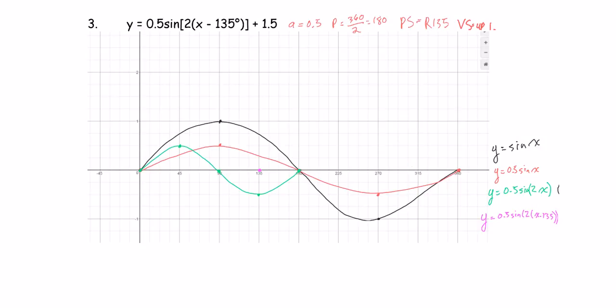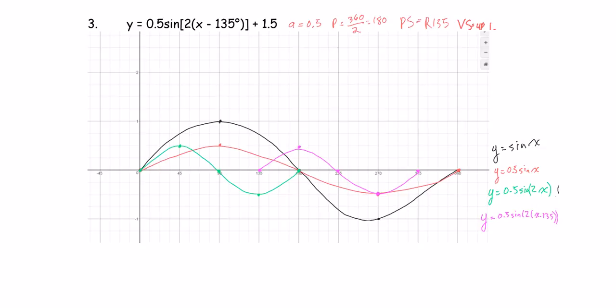So our last point on our graph is going to be 315 if you wanted to draw it that way. Then we have to remember that exactly halfway between, 225 is also at 0. Its maximum is going to be at 0.5. Its minimum is going to be at negative 0.5. And then we graph our trig function. And there you have our graph.